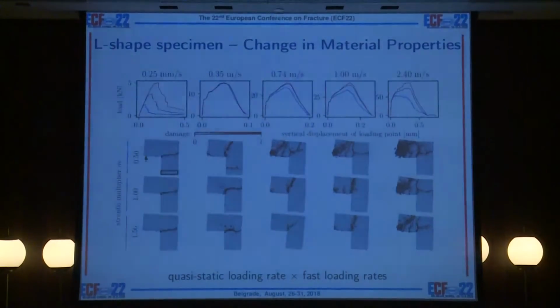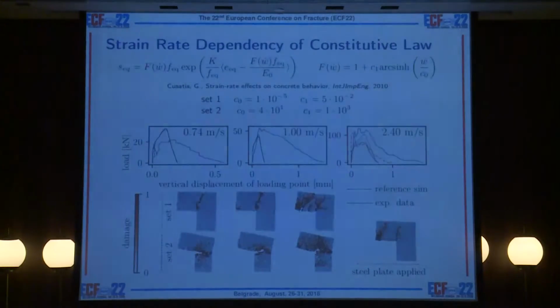Okay, so what is the problem? The problem is that for the higher velocities, the cracking happens under the resolution of the model. So we need to capture it somehow in the constitutive law.